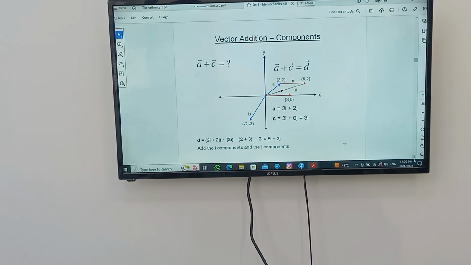Vector addition and components. As you can see here, we have the y-axis and the x-axis for vector B and vector A. The points of A are 2 and 2. The points of B are -2 and -3. You have here, as we said before, the i and j.